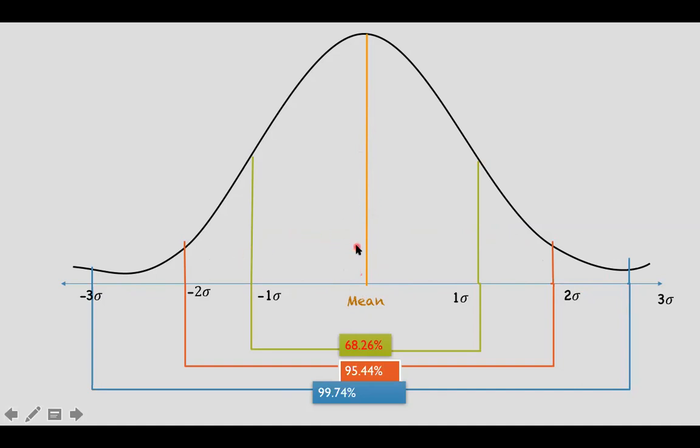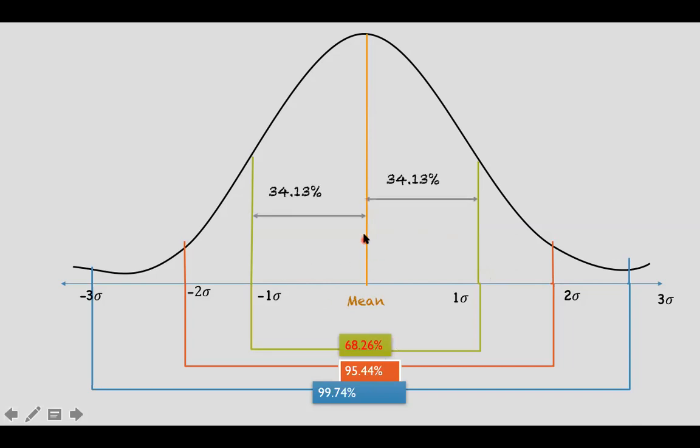Because it's equal distance, I divide this by 2 and I get that from mean to +or -1, the percentage of cases will be 34.13%.